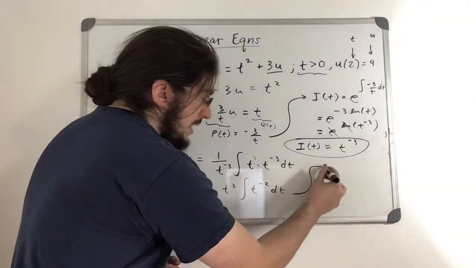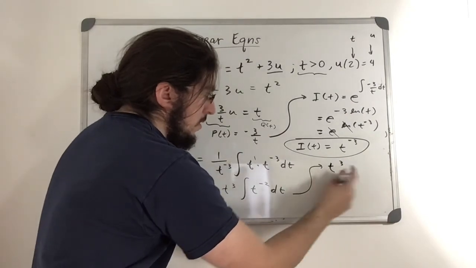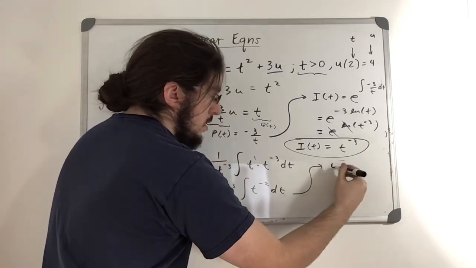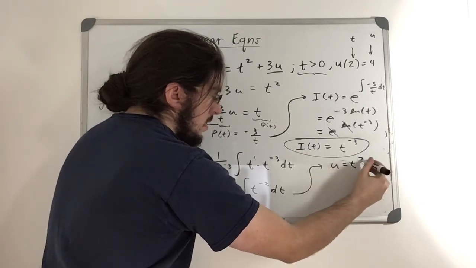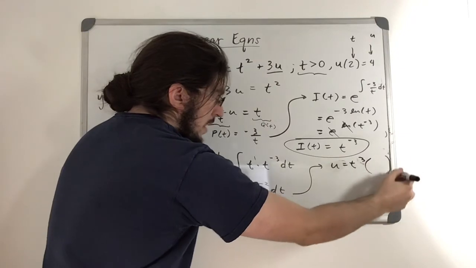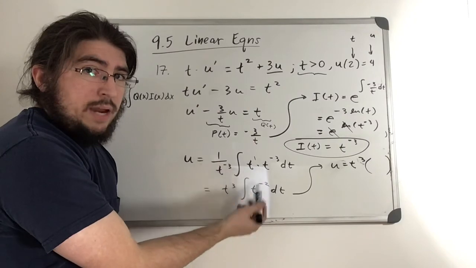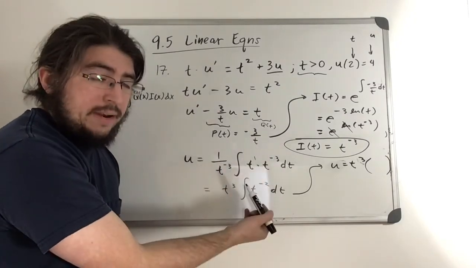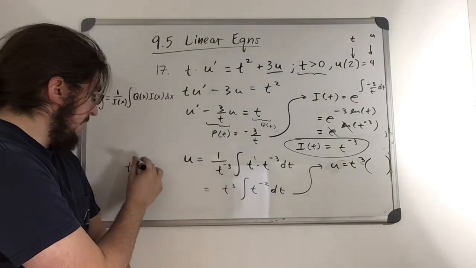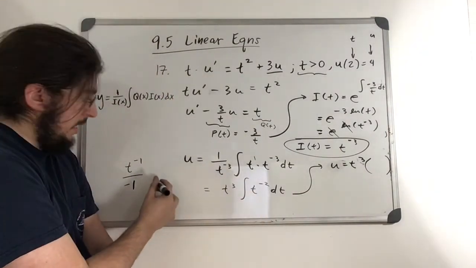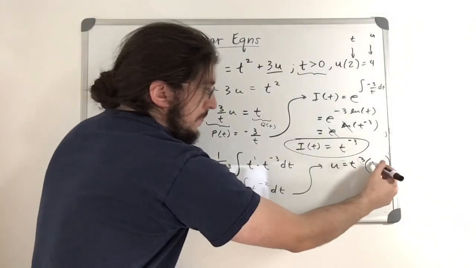And we can antiderive by adding 1 to the power and dividing by that power. So this is going to be u equals t to the third times what? It's going to be t to the negative 1, because when you add 1 to the power you get negative 1, divide by negative 1. t to the negative 1 divided by negative 1 is equal to negative 1 over t. So it's negative 1 over t plus c.